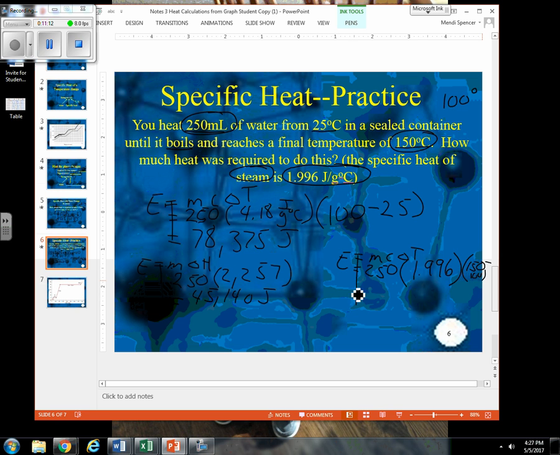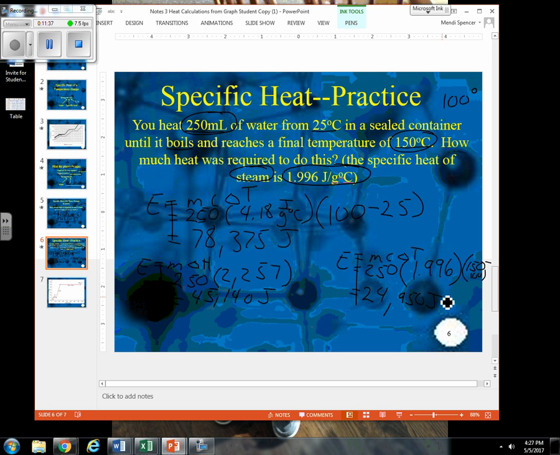So that will give us a total temperature change of 50 degrees. Now, when you multiply all of this into your calculator, you will find that it took 24,950 joules to increase that temperature of water from 100 degrees Celsius to 150.